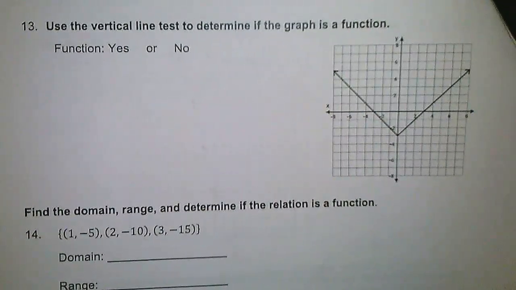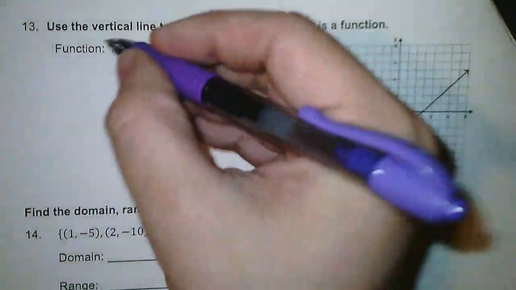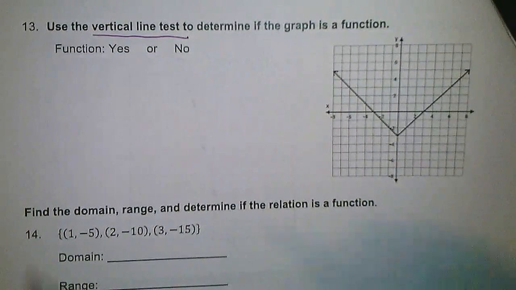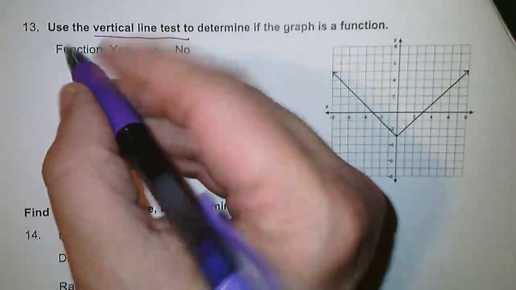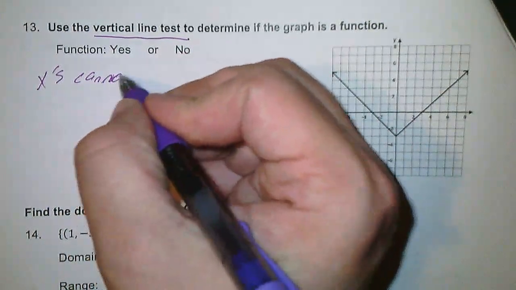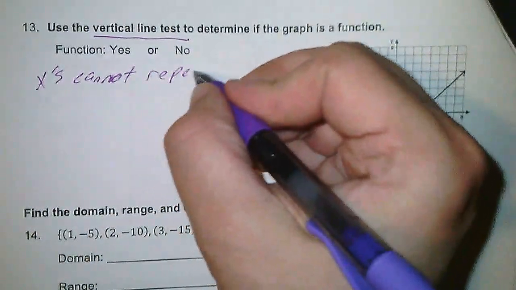Here's 13, which is the vertical line test. In order to be a function, the x values cannot repeat.